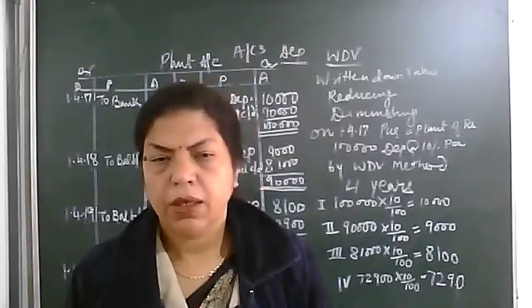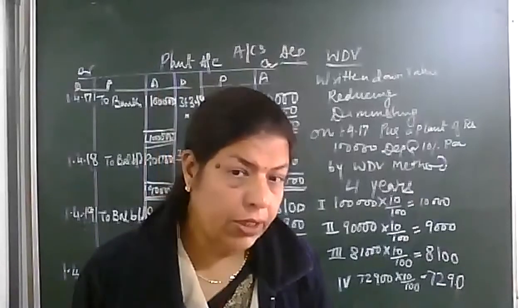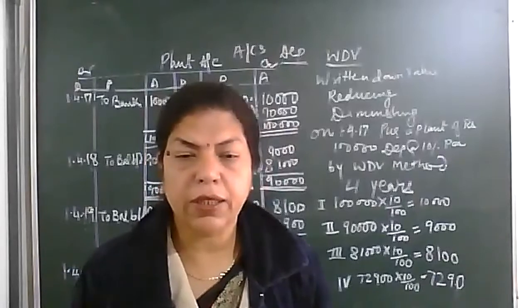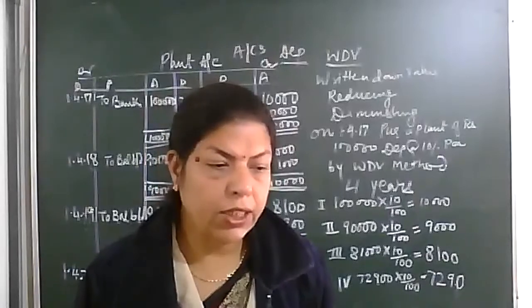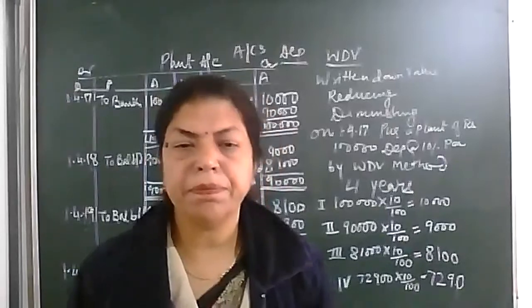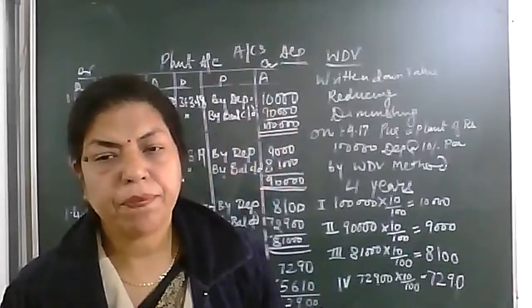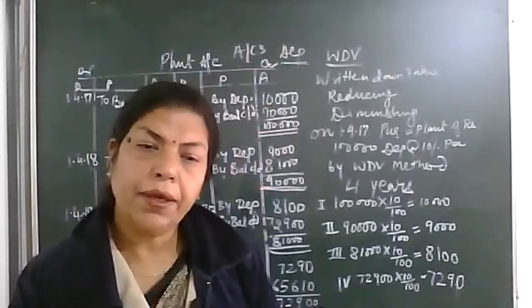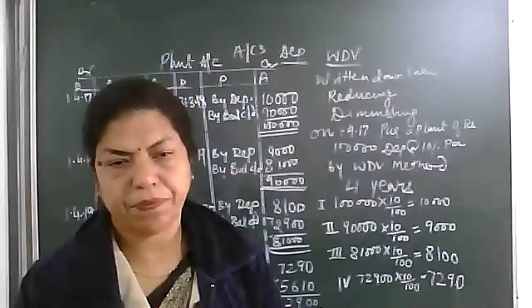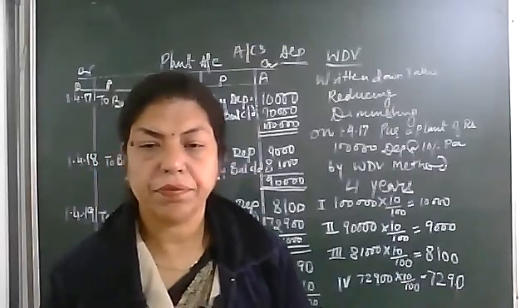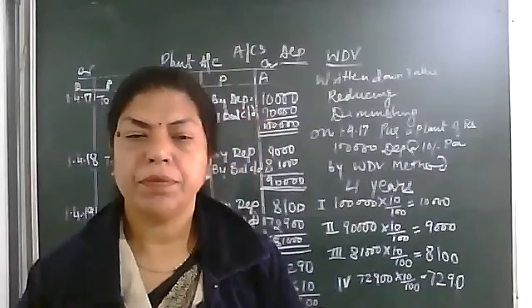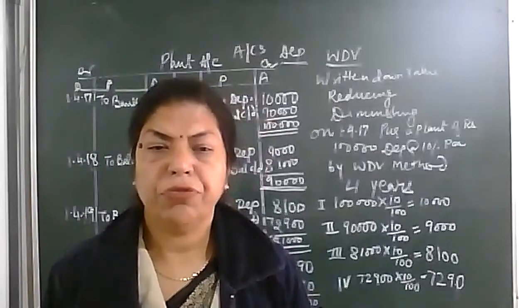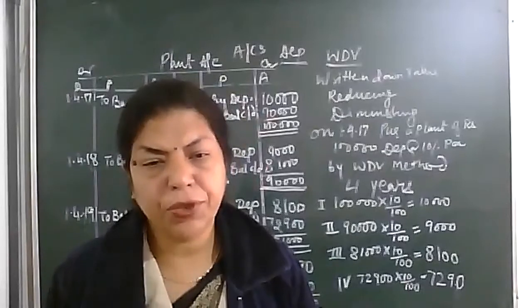Depreciation at the rate of 20% per annum by the diminishing method.